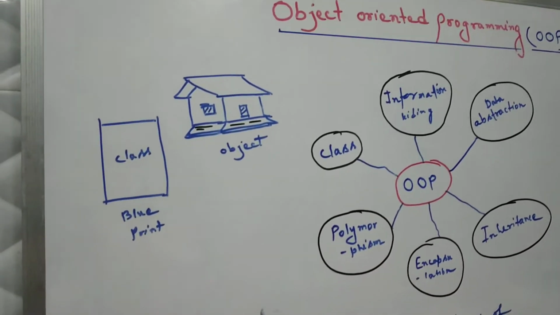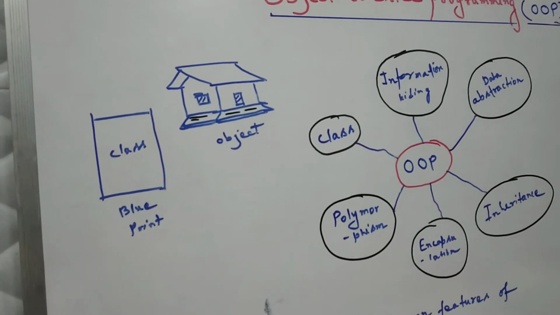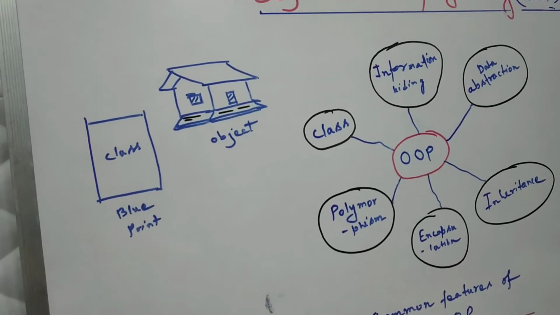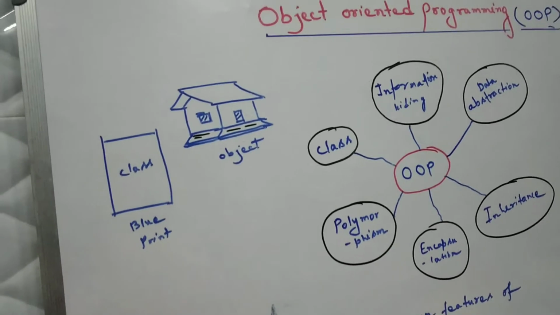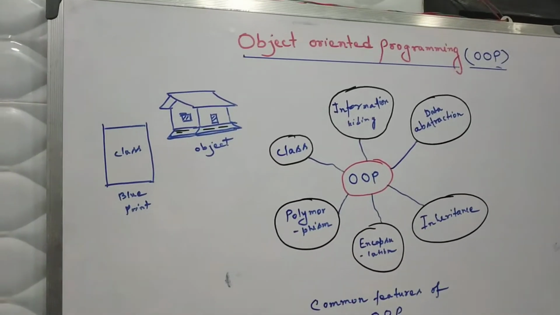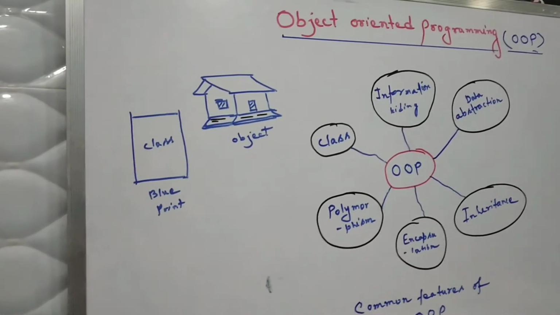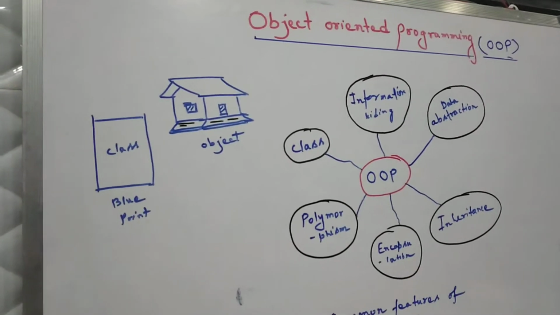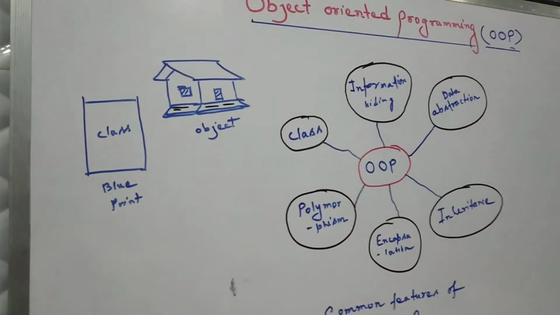That will be known as object. So object has real existence and class is the planning to build that object. In the language of object oriented programming, we will say that the thing which has real existence is known as object, and the planning to build that object will be known as class.